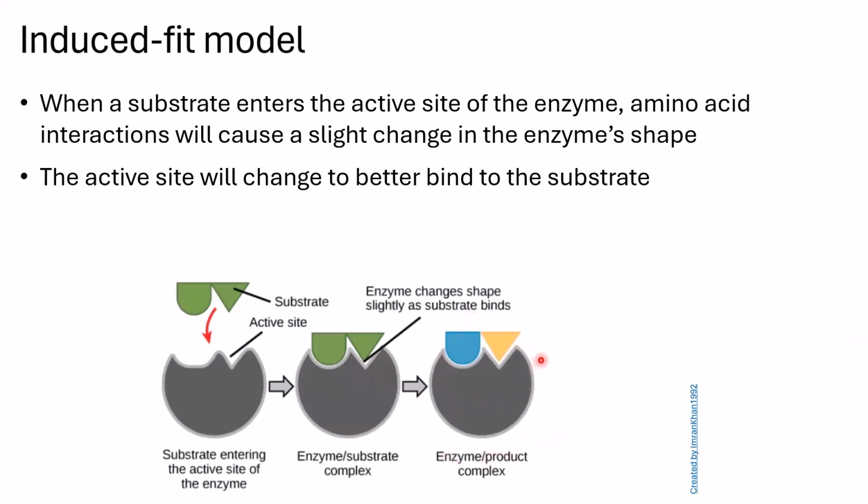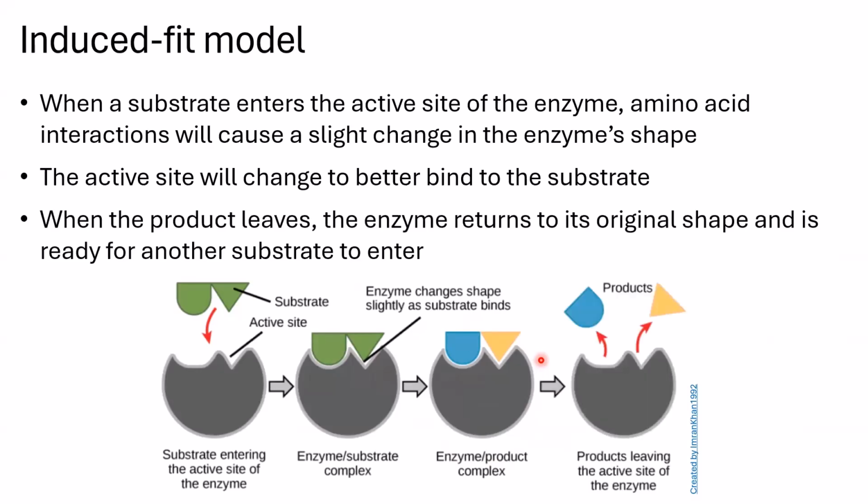The product is different from the substrate, so it will not interact with the active site in the same way. The amino acids at the active site will now change shape, pushing the product out of the active site. Now that the enzyme is by itself again, its shape returns to how it was before the substrate came along and is ready to bind to yet another substrate. This is how enzymes are able to be used over and over again.